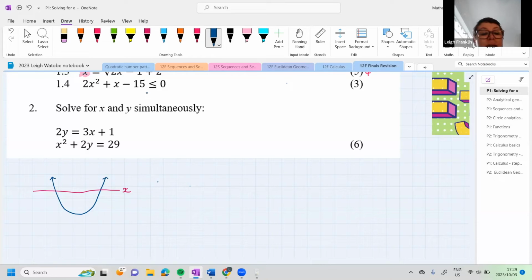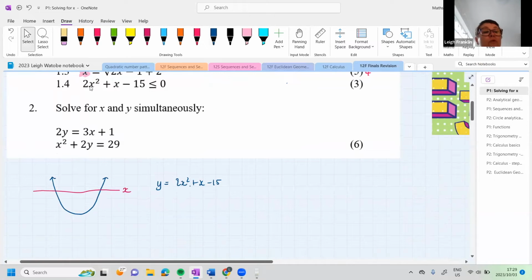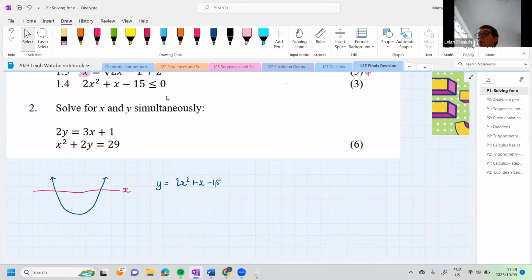So the idea here is that you have y equals 2x squared plus x minus 15. Okay, that's the parabola that's been sketched. So when they ask you to solve for x, they want to know for which values of x is y positive or for which values of x is y negative. Now, which is it in this case? Are we looking where y is positive or are we looking where y is negative in question 1.4?